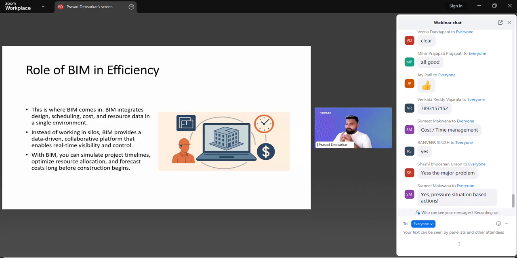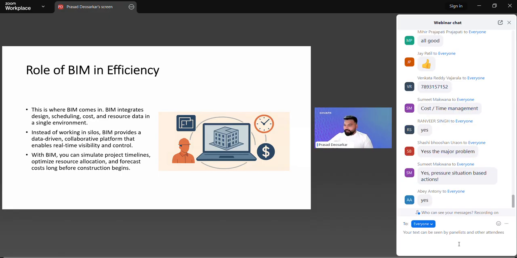Remember the earlier days, the 1980s, you might have heard people used to hand draw or hand sketch all the drawings needed for construction. There used to be a big drafting board, and you must have all seen that picture where the architects are all with their scales in hand, drawing all of that.